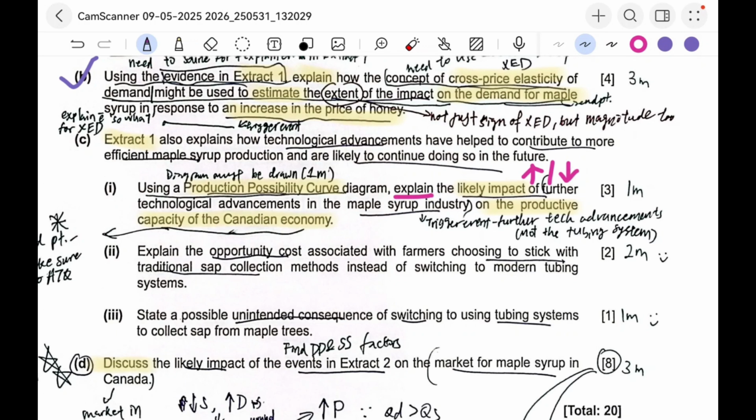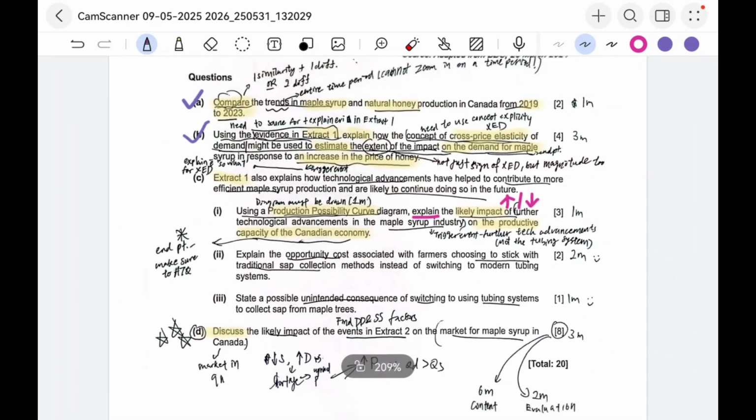So here when we draw the PPC, this is 3 marks. So we will have to draw the PPC curve, 1 mark. Then we know that from content, when you have higher productive capacity, you shift out the PPC, so that is 1 mark. And you need to explain how the tech advancement allows a higher production per unit of time. Then talk about, is it an increase or decrease?